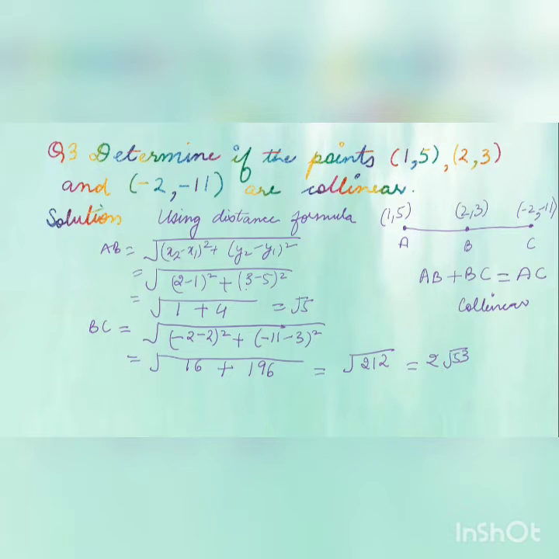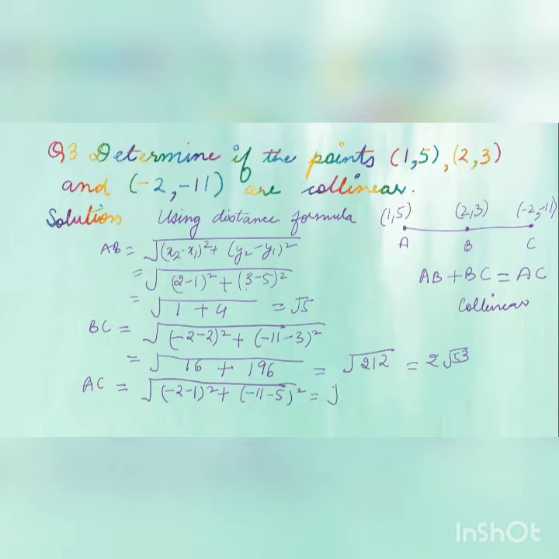Now calculate AC. AC will be (-2 minus 1) square plus (-11 minus 5) whole square.